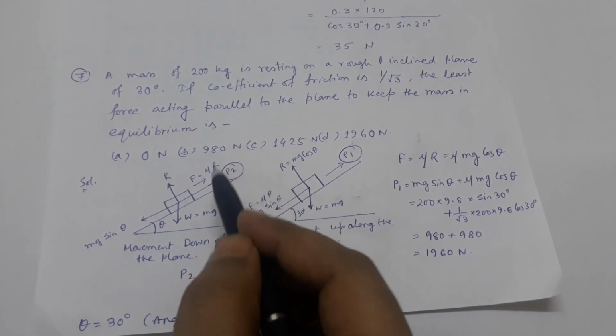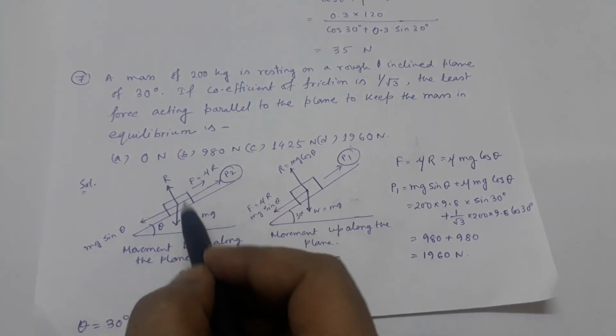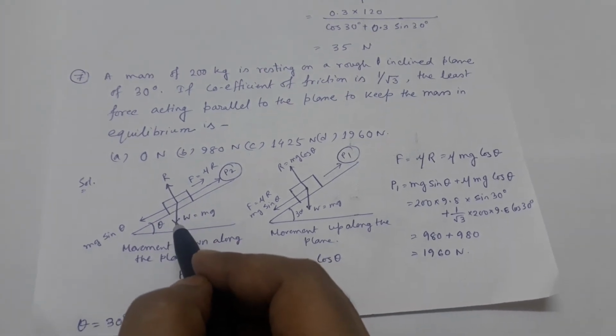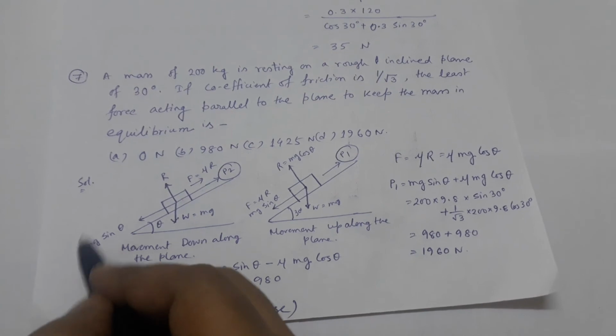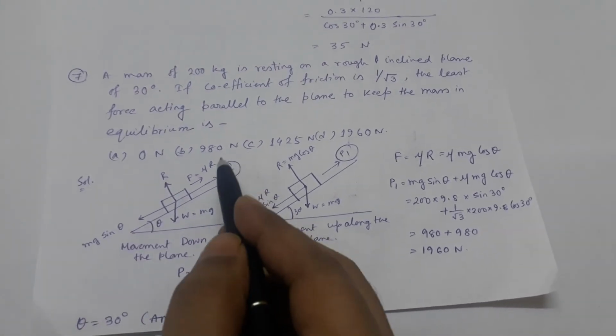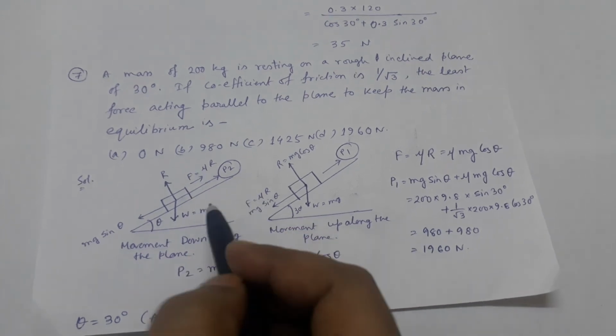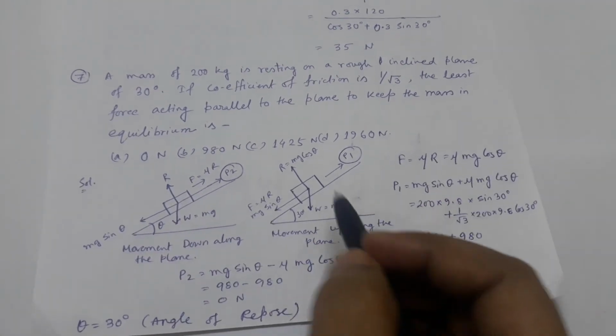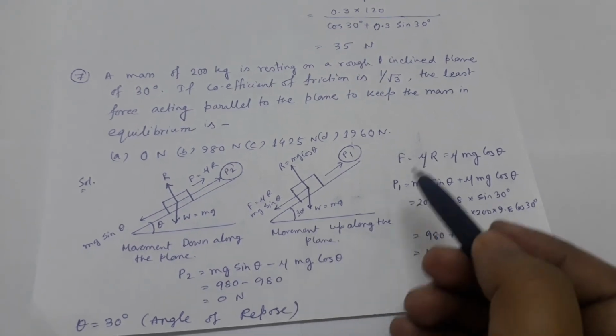The force is P2, and this is the normal reaction. W acts downward, W equal to mg, and this is mg sin theta. This is the first condition, movement down along the plane, and this is the second condition, movement up along the plane.